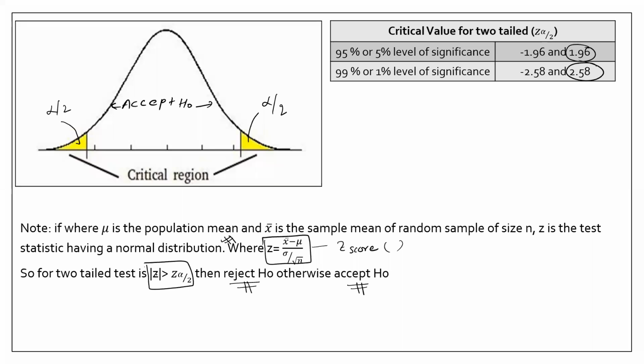Why have I put mod Z here? Because Z should be a positive value. If you get negative also, just take the absolute of Z and it becomes positive. So Z equals x bar minus mu by sigma by root n, where x bar is the mean of the sample, mu is the mean of the population, sigma is the standard deviation of the population, and n is the size of the sample.